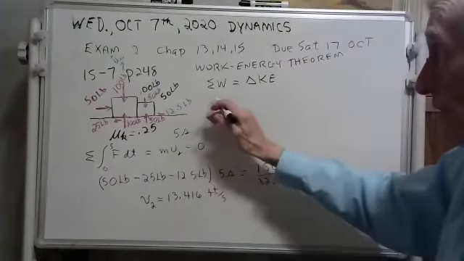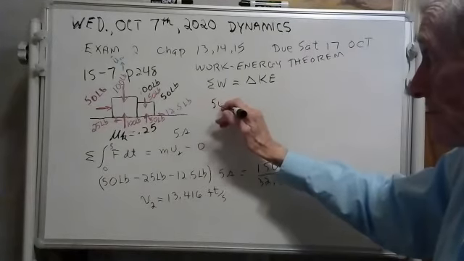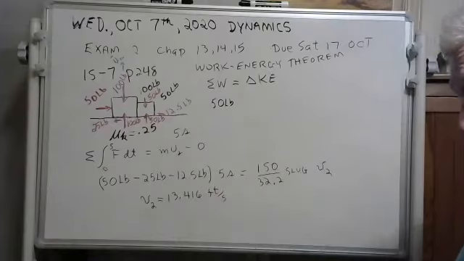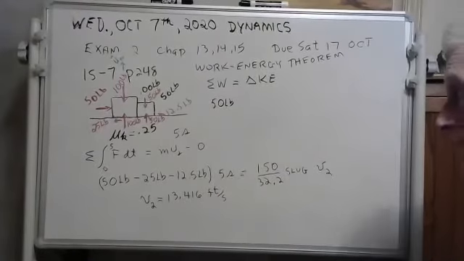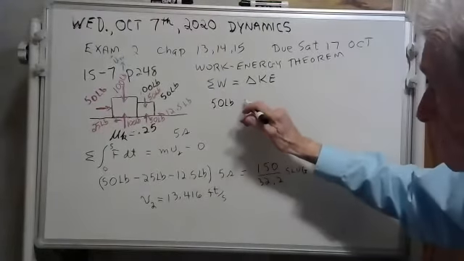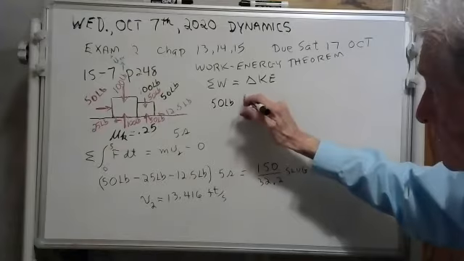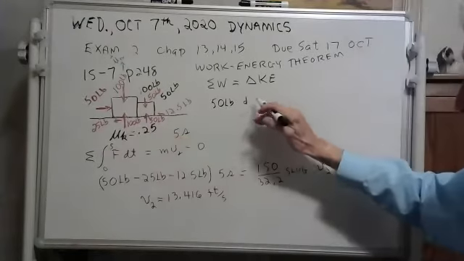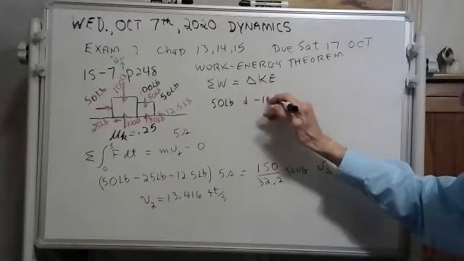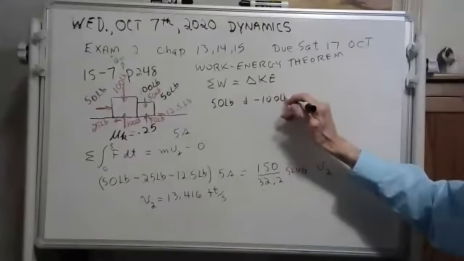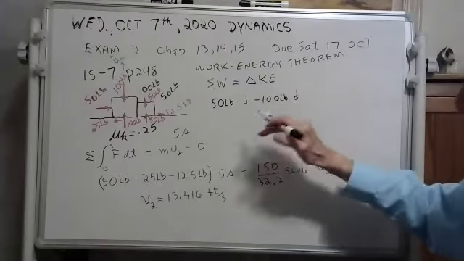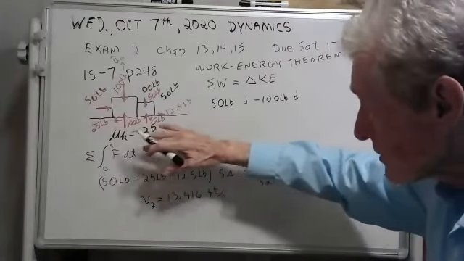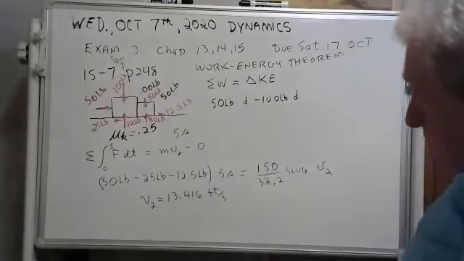I'll tell you what does work is that 50 pound times the distance it travels does work. You want to just call it maybe D for distance. The 100 pounds times the distance does work, but see, it's negative. It's negative work because the motion is to the right, but the force is to the left. That gives you negative work.